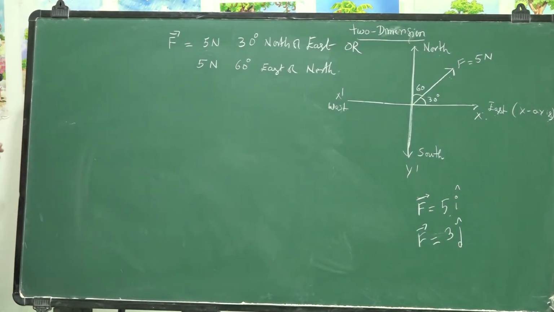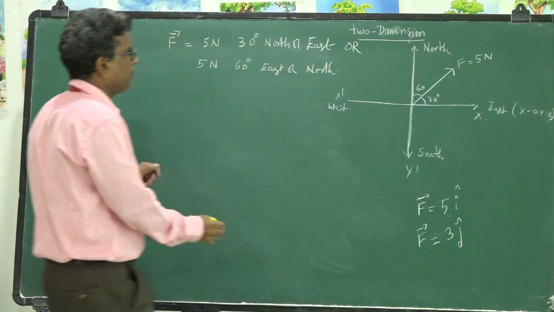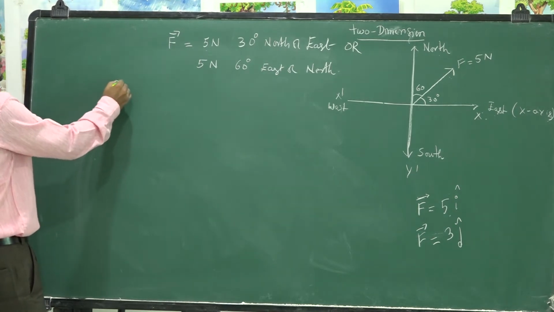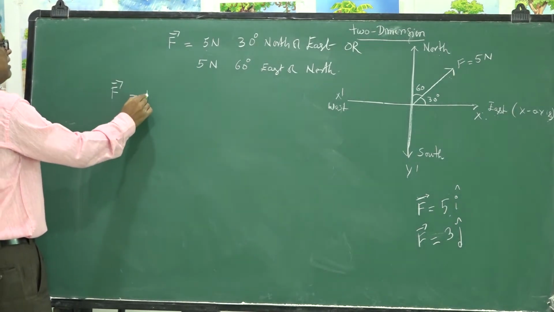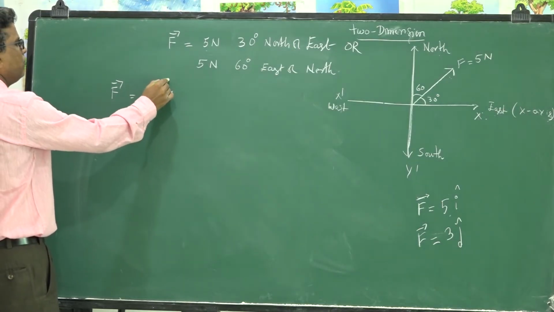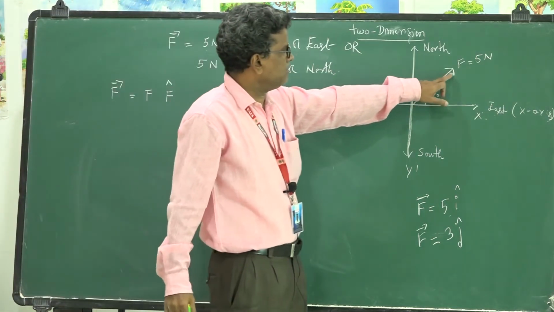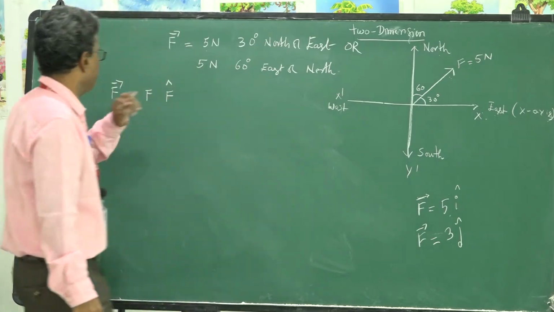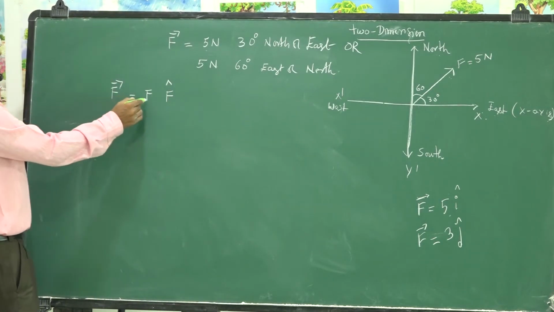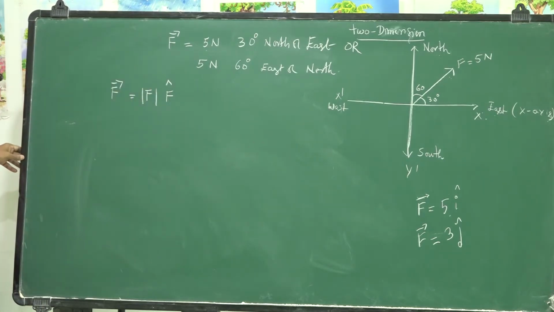Suppose you want to represent this direction with a unit vector. How? The magnitude of the force, let it be F, is multiplied with the unit vector along this direction, let it be F cap. So we can write F bar as F, the magnitude of the force, into its unit vector.